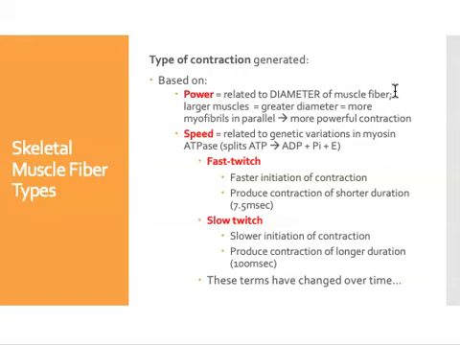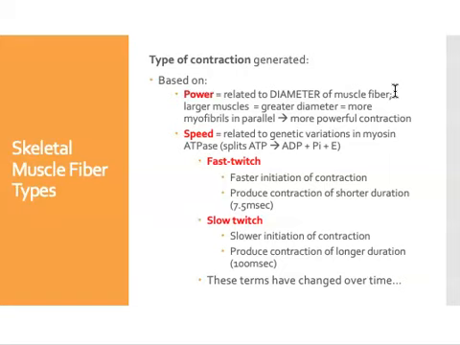The other thing we base type of contraction on is speed. Now, the speed of contraction is actually related to the myosins, and it's a genetic thing. Individual people have genetic variations in their myosin molecules, specifically in the part of the myosin protein that has the enzyme activity that can split ATP.